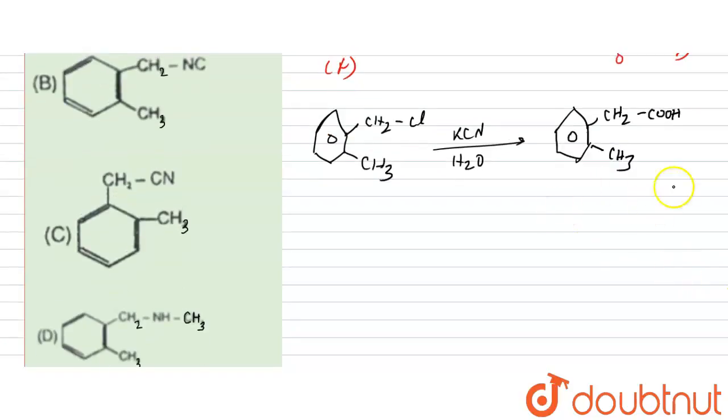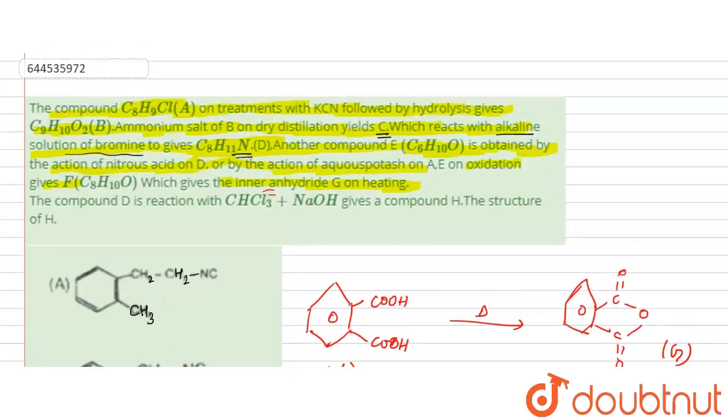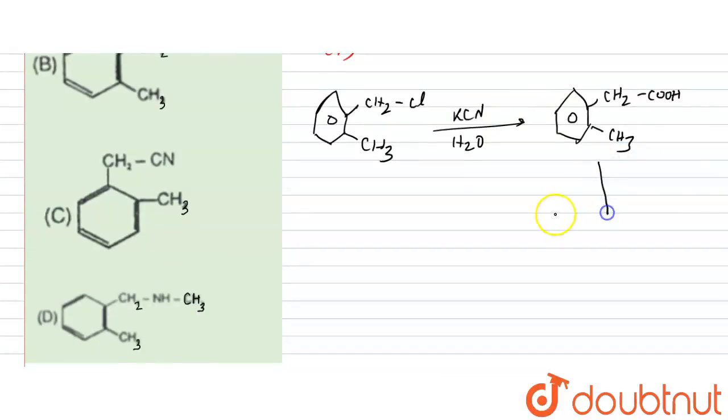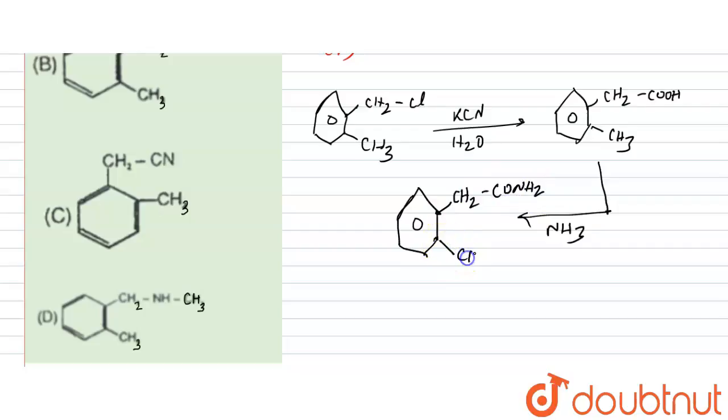This is the acid which is formed here, and when you treat this acid with ammonia, you get the formation of amide, right? This is very important. You get the amide CH2CONH2, and here you still have CH3.